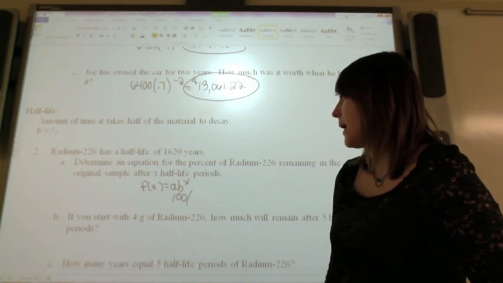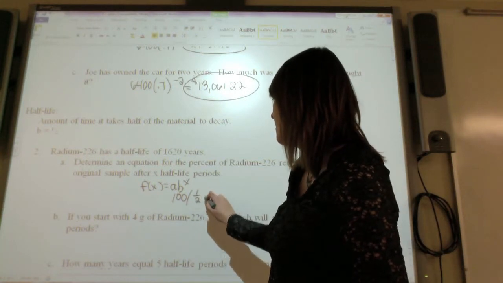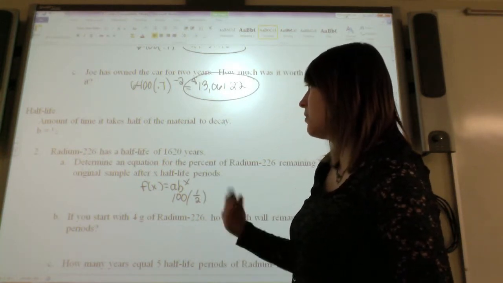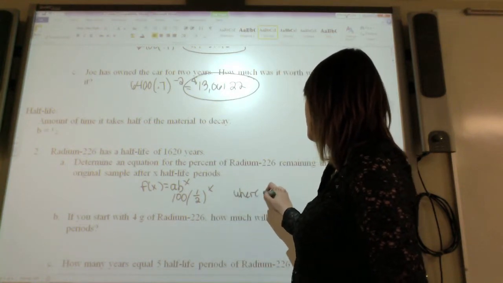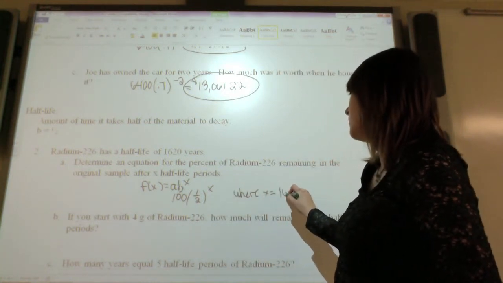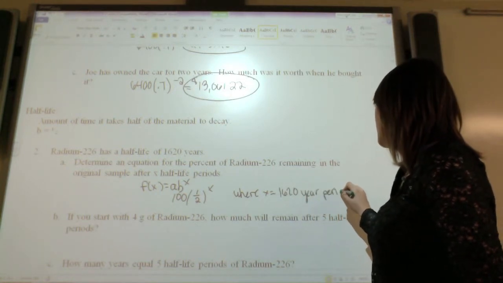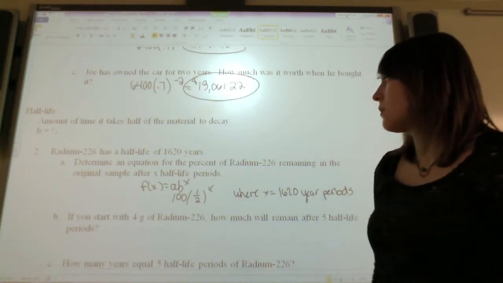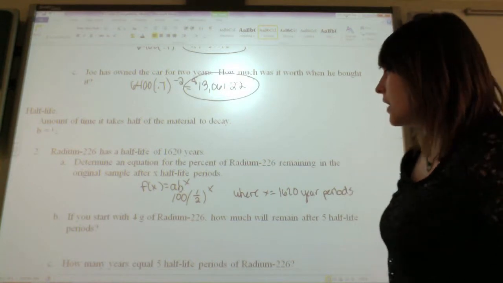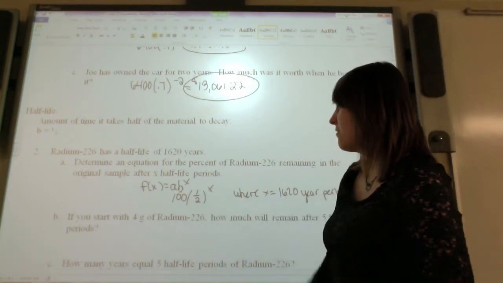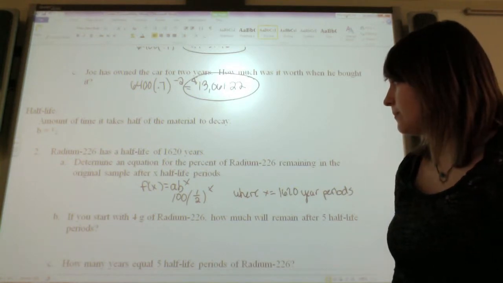Okay, my b value, that's my growth factor, I know that that's going to be 1/2, and then that'll be to the x, where x equals 1,620 year periods. So again, I'm just going by my half-life. My half-life is 1,620 years. So I can say that it'll decrease by half every x, where x is 1,620 years.